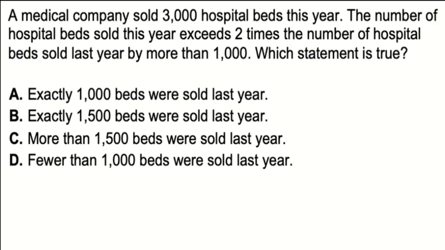So this one here: a medical company sold 3,000 hospital beds this year. The number of hospital beds sold this year exceeds 2 times the number of hospital beds sold last year by more than 1,000. Which of those statements is true?